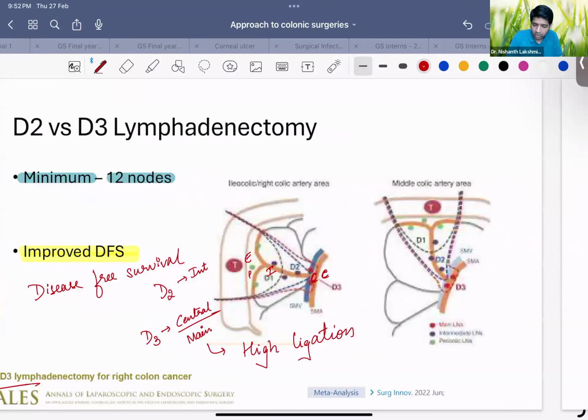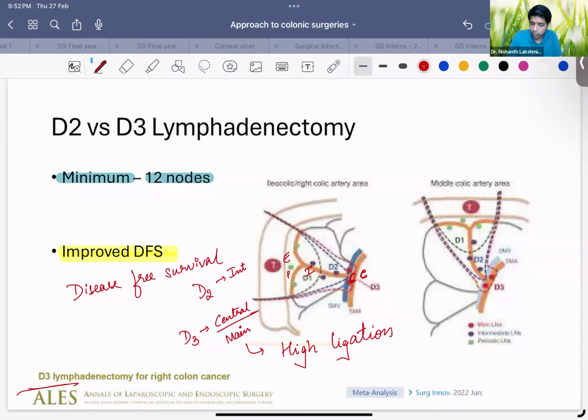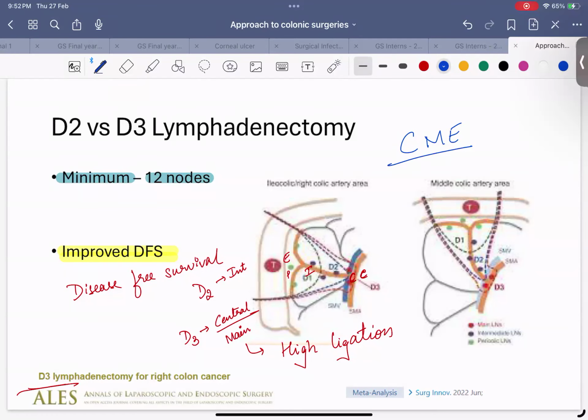Now, can anyone tell me what is the newest terminology that is being used? Have you heard of CME? Don't say continued medical education. Circumferential mesorectal excision. Somebody said something else apart from that. Complete mesocolon excision, sir. Correct.